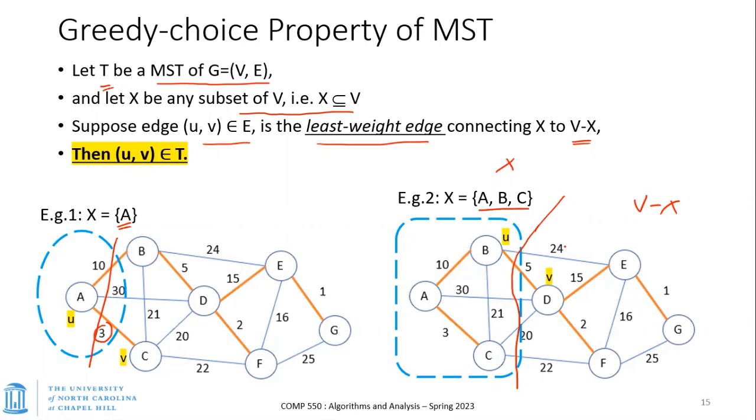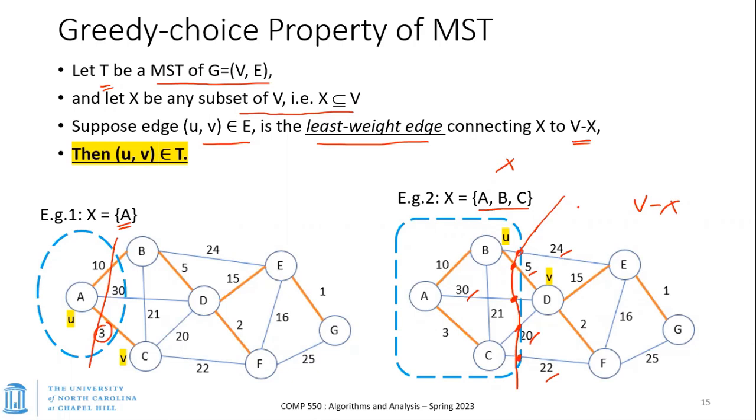What are those edges? Well, it's now 24, 5, 30, 20, and 22. Can you see the edges over here? These are the points where there are edges interconnecting X and V minus X.